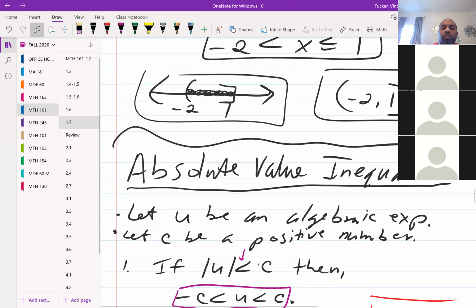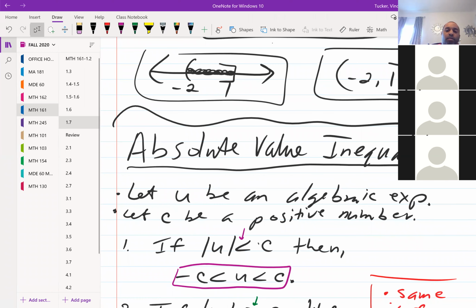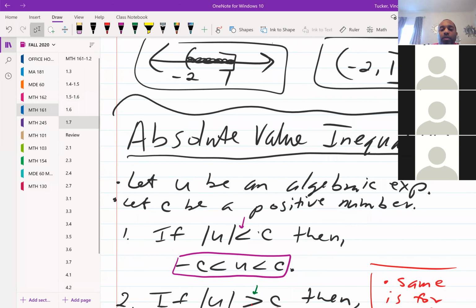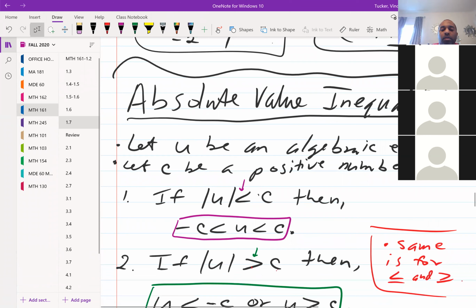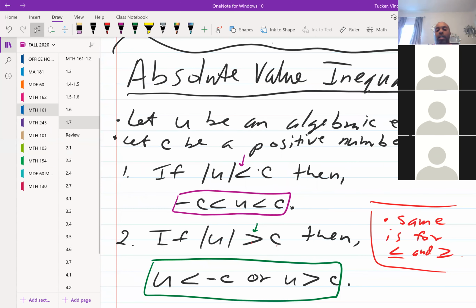All right, so the last topic in 1.7 is absolute value inequalities. Let U be an algebraic expression and let C be a positive number. If the absolute value of U is less than C, then you're going to set it up as U is greater than negative C, but less than positive C to solve.